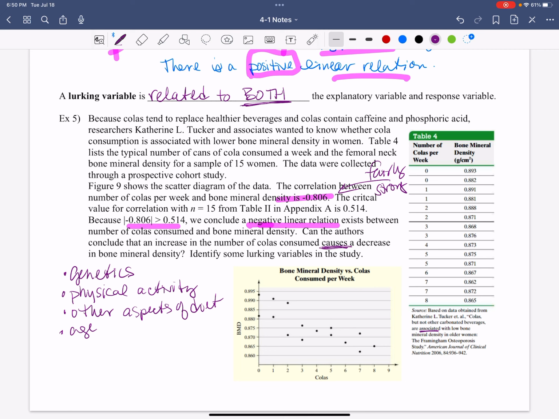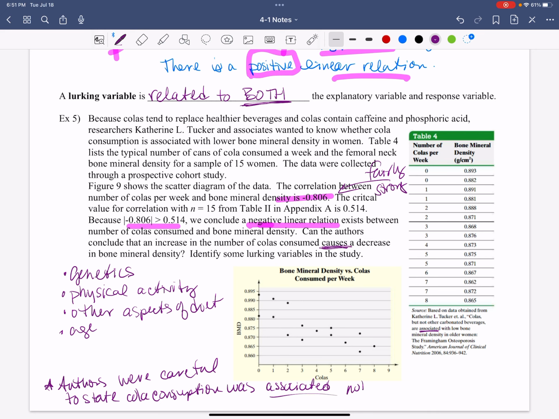The authors were careful to state cola consumption was associated, not the cause. Because that could really be an issue for them, right?